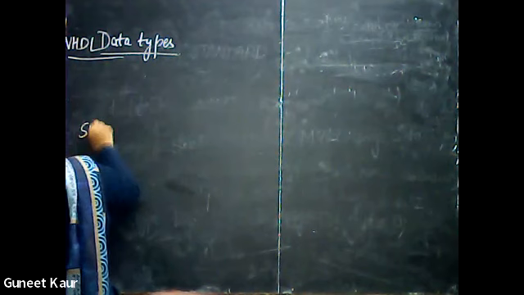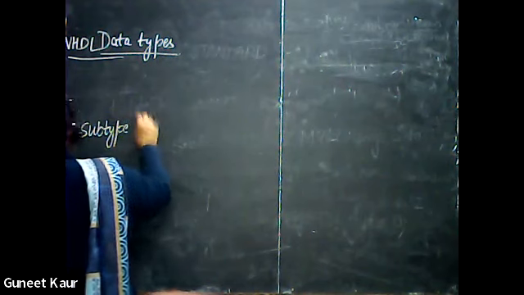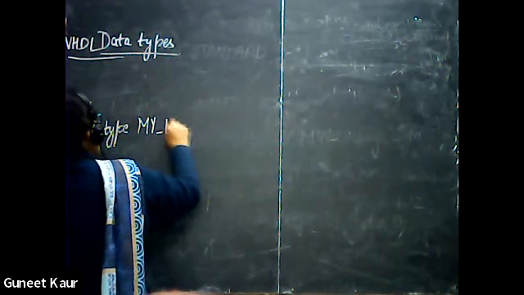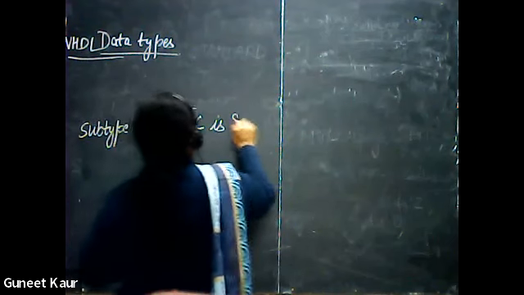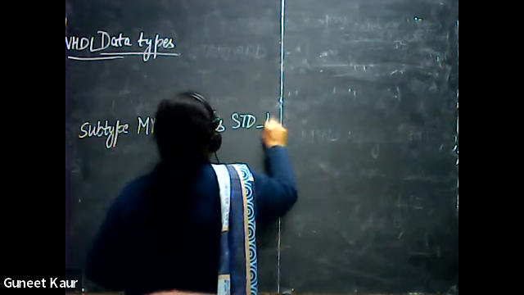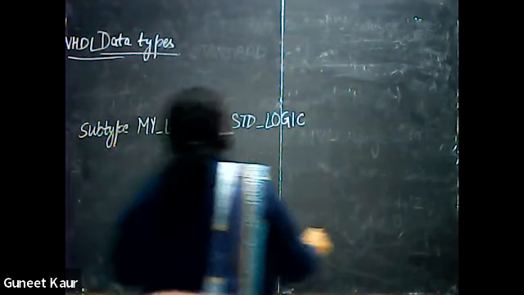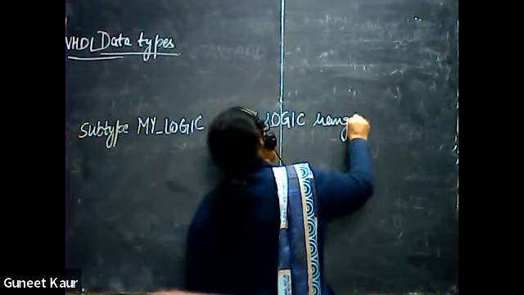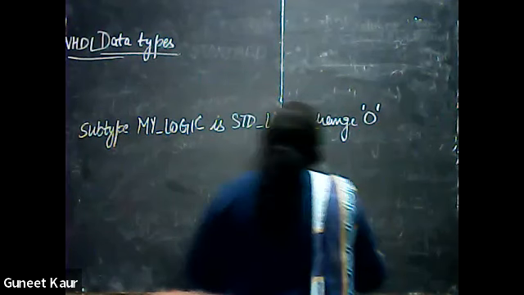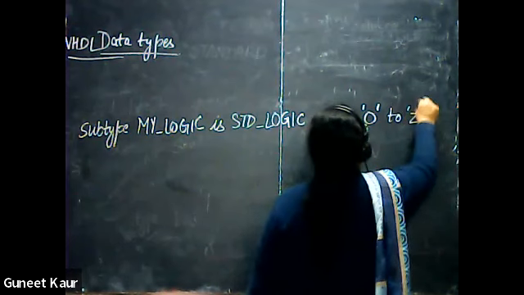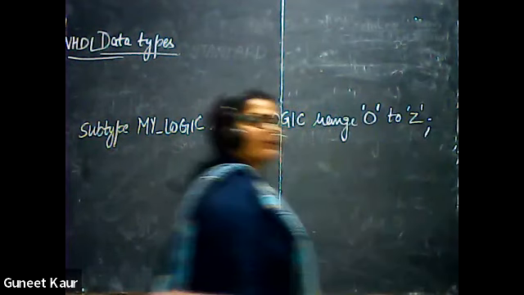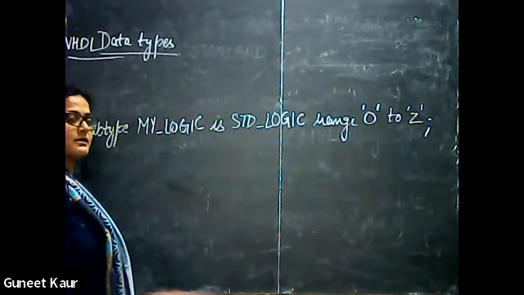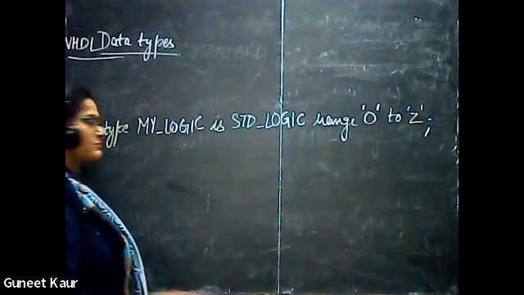So subtype my_logic is std_logic range '0' to 'Z'; This instruction means the subtype name is my_logic, of base type std_logic, ranging from 0 to Z.